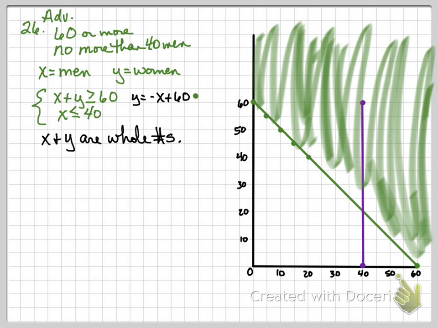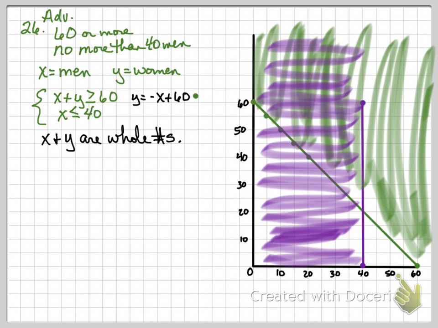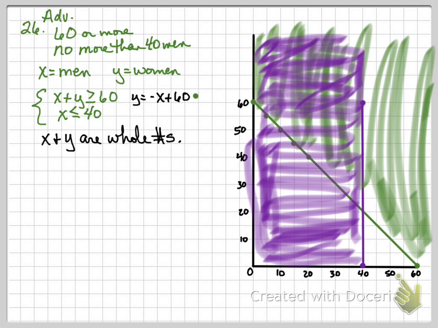No more than, so that's less than. I don't know why I showed it that the other direction. Okay. There we go. Now I've got the right area. Alright, no more than 40 men. Alright, now we've got the right graphing area.